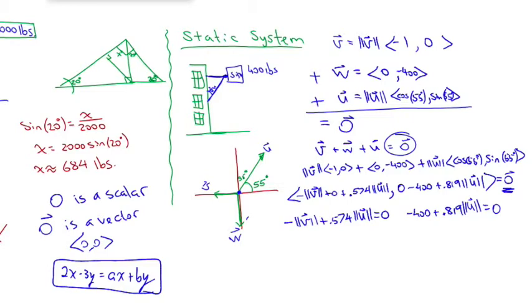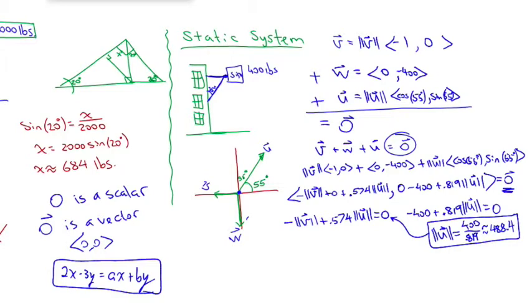Ta-da. So if I solve for the magnitude of u, the first thing I'm going to do is add 400 across, and then turn around and divide by 0.819. So what's the magnitude of u equal to? It's going to be 400 divided by 0.819, approximately 488.4. So I can now use that equation in a different color.